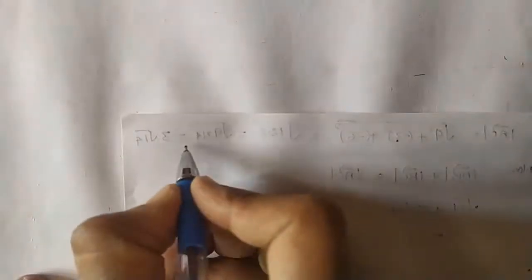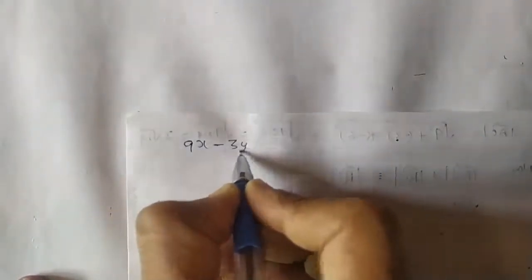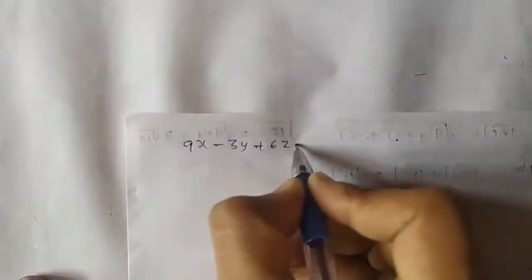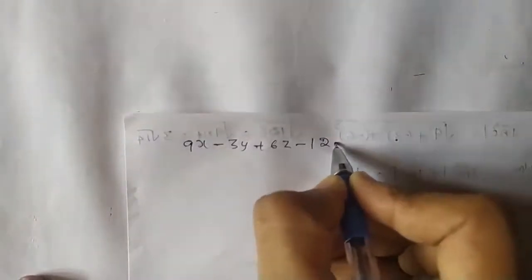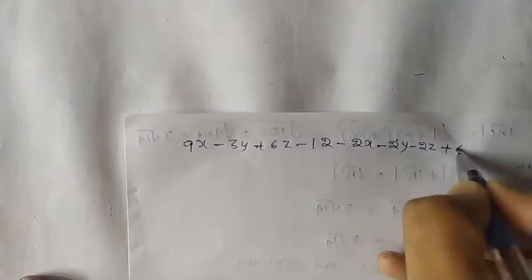So further simplification: 3 into 3x is 9x minus 3y plus 6z minus 12. Next minus 2 into x is minus 2x, minus 2y, minus 2z, minus into minus 2 is plus 4, equals 0 into 3. 0 into 3 is 0.